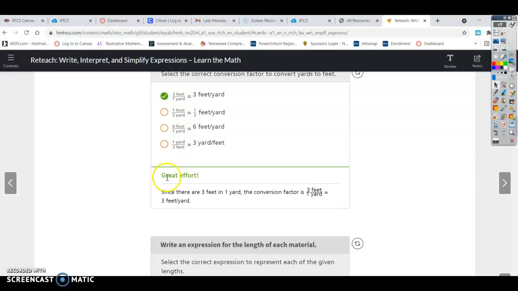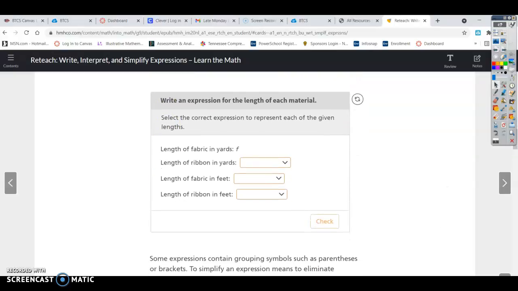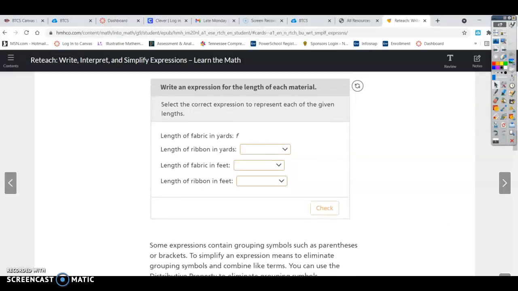Okay. All right. Write an expression for the length of each material. So the length of ribbon in yards.